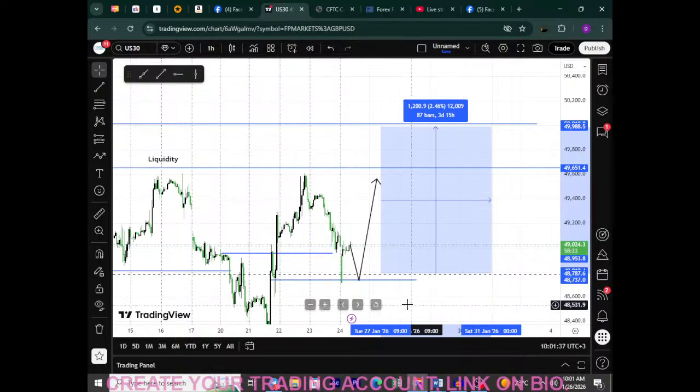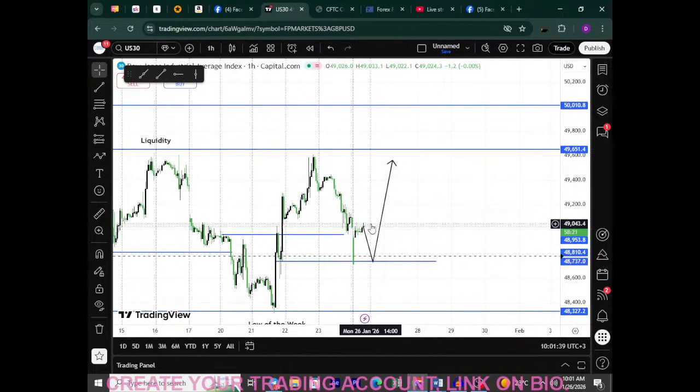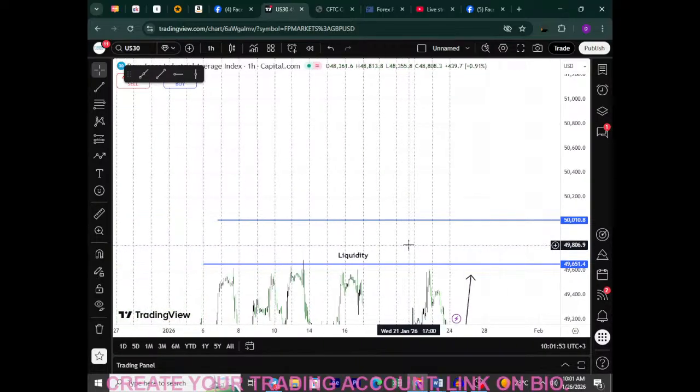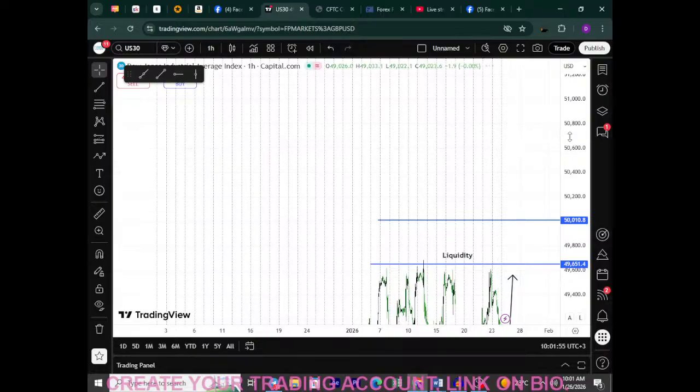This week we have a potential of setting our low of the week around this level, and we shall be there. Once we set our low of the week, we have the potential of breaking these highs and proceeding to 50,000, possibly to 51,000.